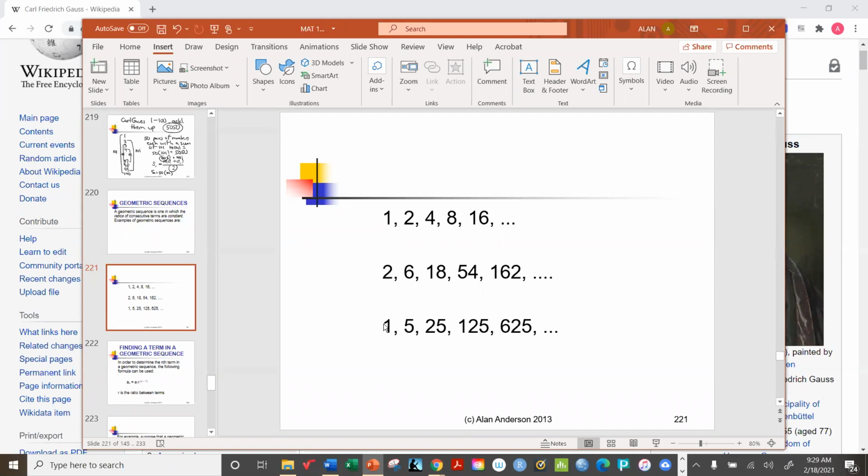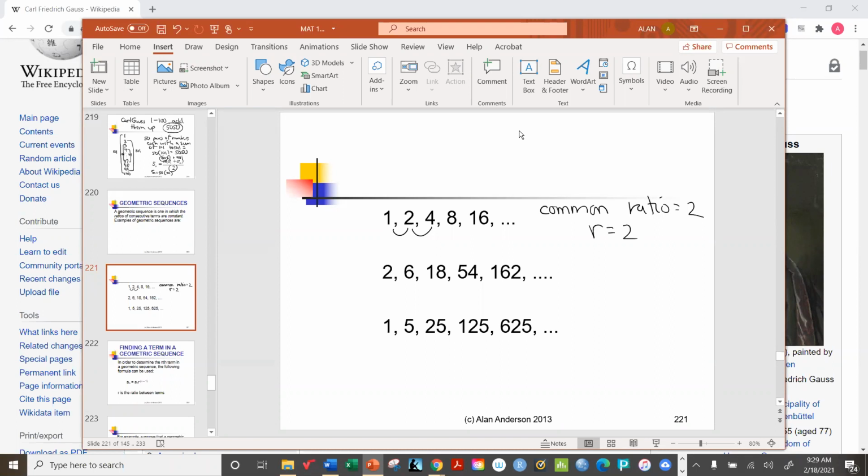Well, in this case, I'm multiplying each, there you go, somebody got it, times 2. All right, so we say that we have here a common ratio, it's called, not a difference. We're going to call that R. What about here?